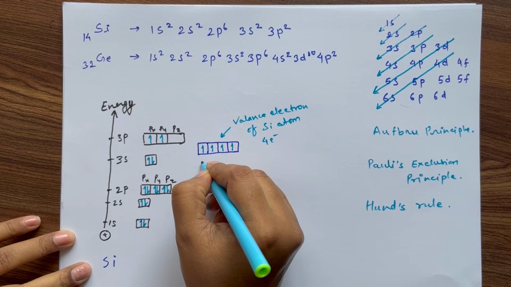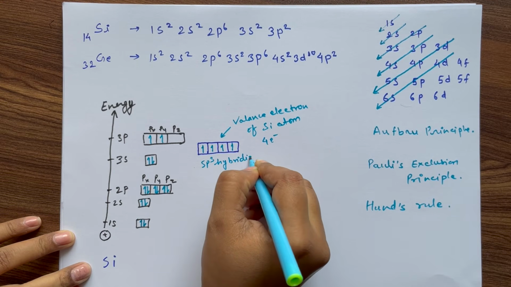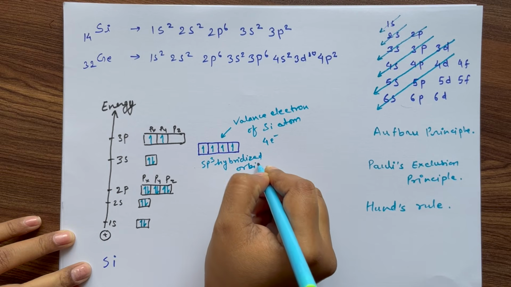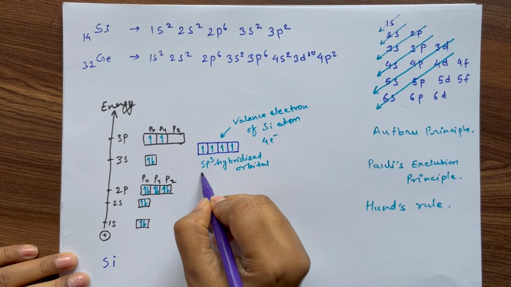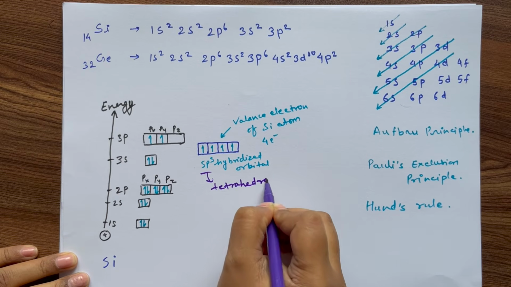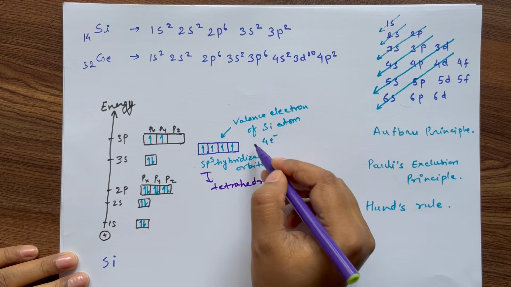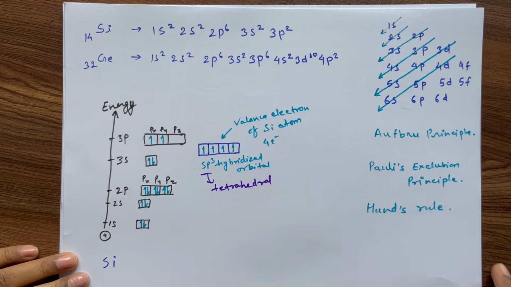So this is sp3 hybridized orbital. These sp3 orbitals are tetrahedral in shape, and this will create a diamond structure when silicon atoms are bonded to create silicon material.